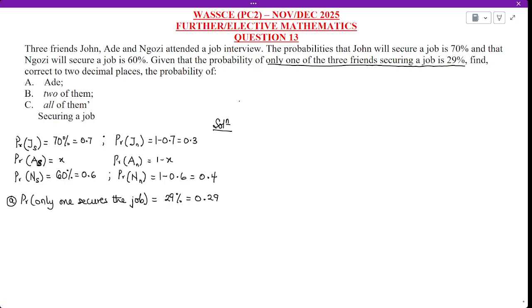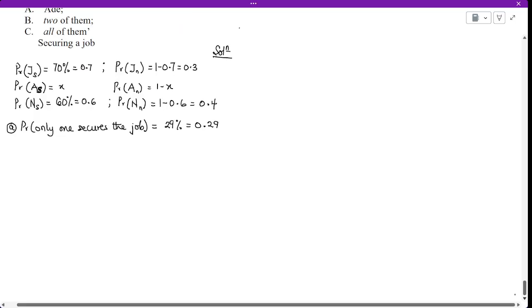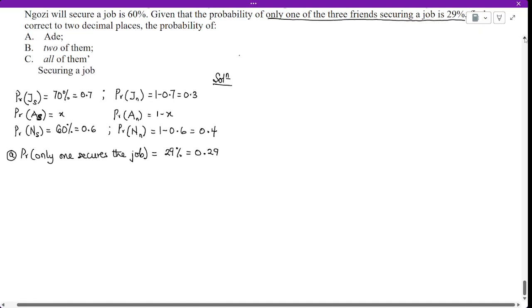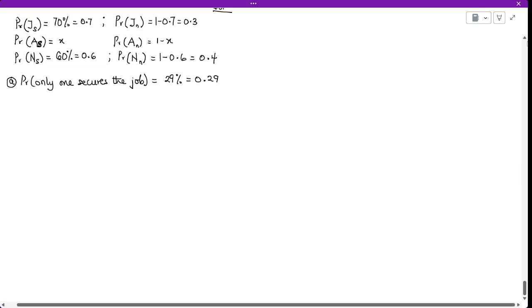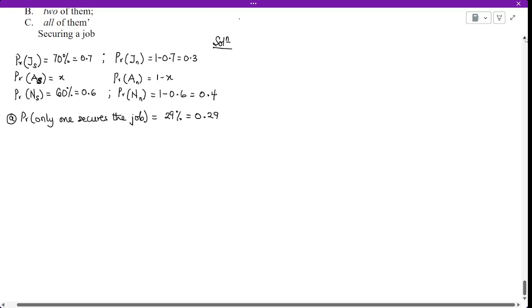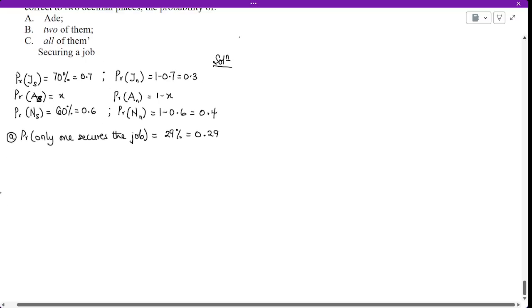I'm going to use the letters first, then I explain further mathematically. If only one of them will secure the job, that means at every point in time, two of them will not secure the job. Let's see how to do that combination.